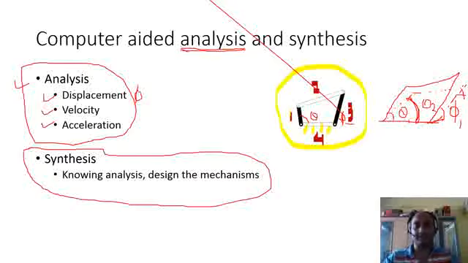And in synthesis, the velocity, displacement, acceleration will be given, and on the basis of that we have to design the mechanism. This reverse way is called the synthesis. I hope you are understanding this difference between analysis and synthesis. It is a very simple difference. In analysis, when the mechanism is given, we carry out displacement, velocity and acceleration analysis. And in synthesis, this analysis is given, and on the basis of it we design the mechanism. So this is the way.